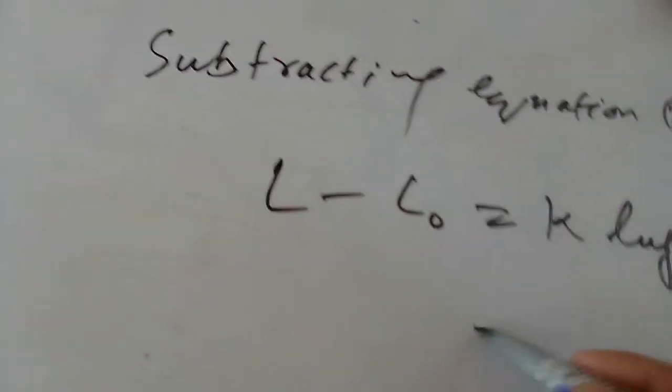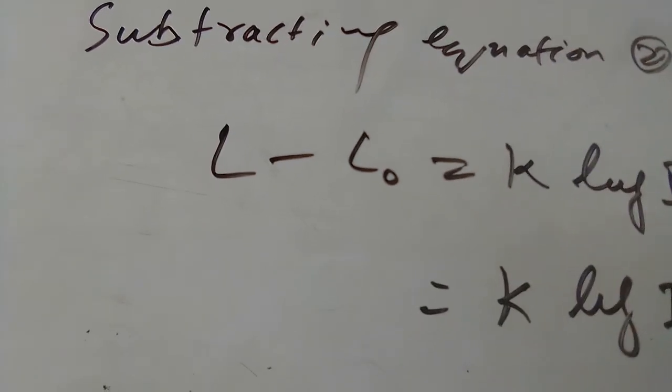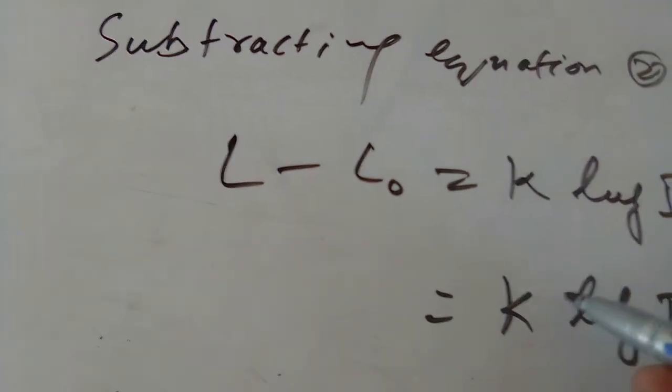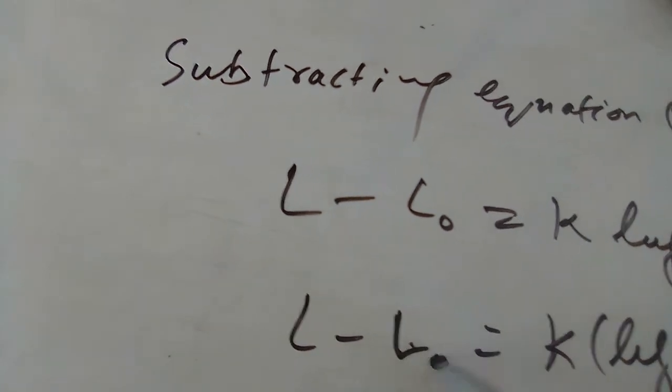Taking K common, L minus L naught is equal to K times log of I minus log of I naught.